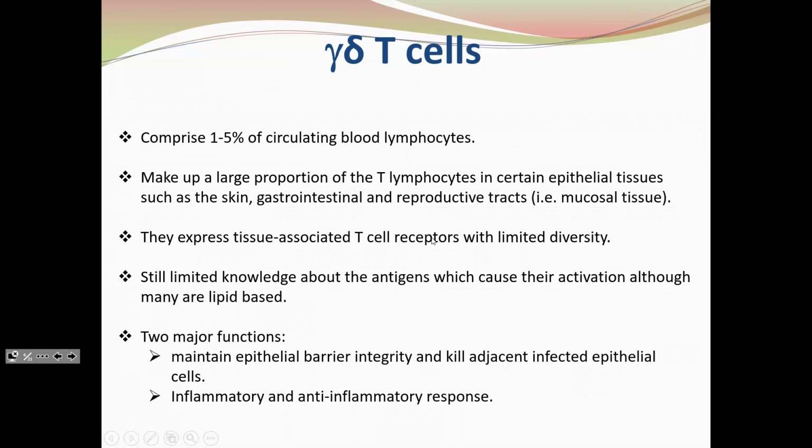One, that they can directly kill virus-infected or bacterial cells, but the other is that they can produce cytokines to repair and stimulate proliferation of damaged epithelial cells to maintain the integrity of this barrier.